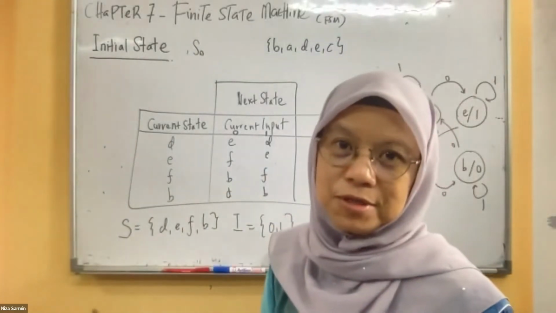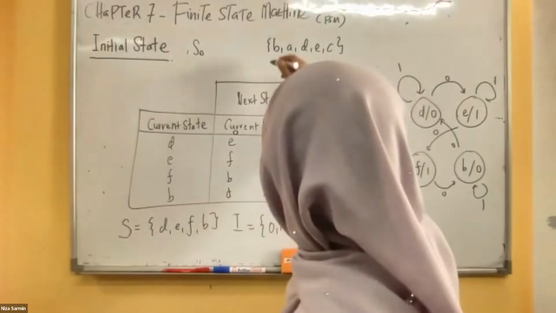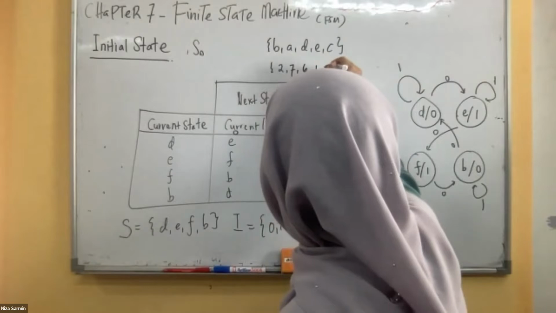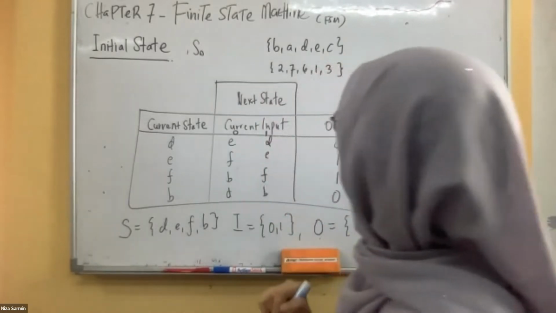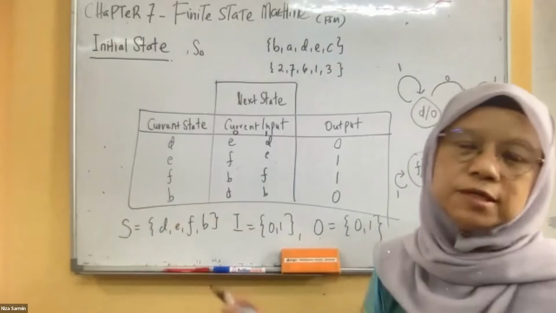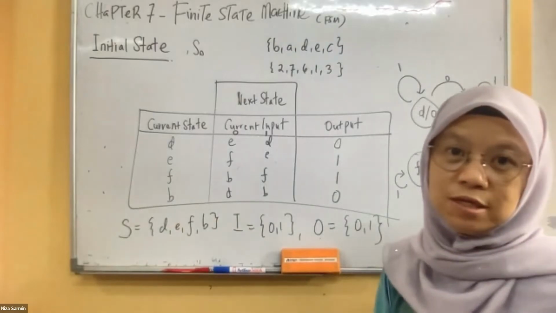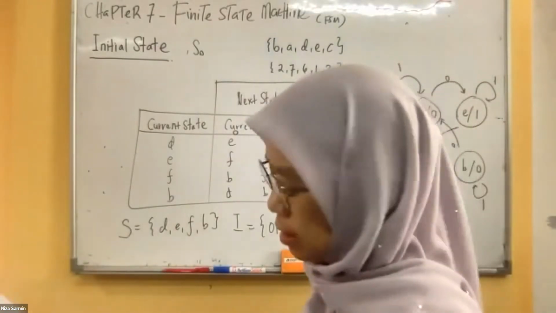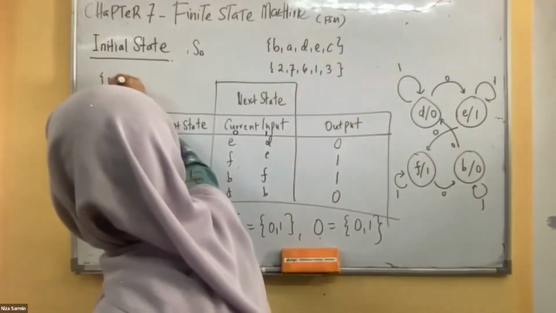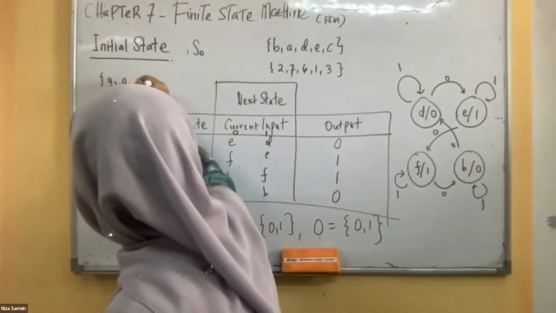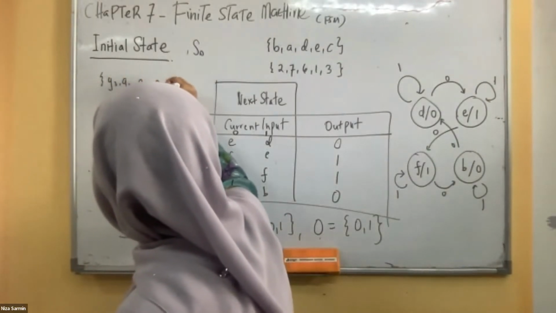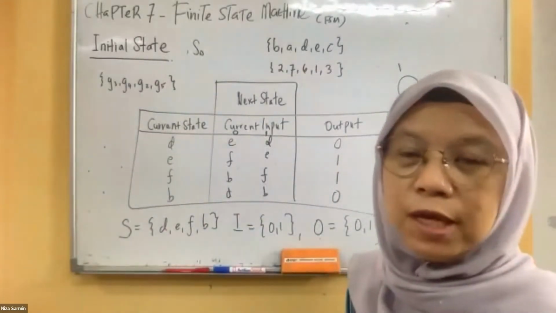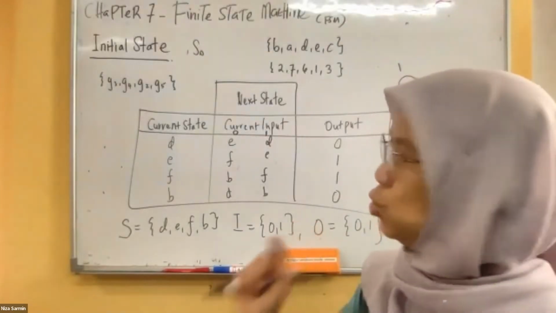A, right? Because A is the first letter in the alphabet. If it's a row of numbers, the smallest number is the initial state. So S0 is 1. If you have something like this, then the initial state will be G sub 2.